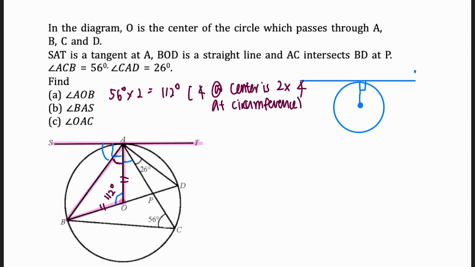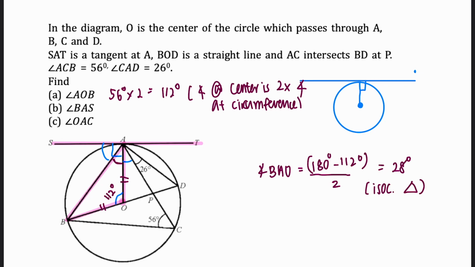We have this angle as 112 from the previous question. We can try to find the angle BAO. So we're going to take 180 degrees minus 112, and we divide by 2 to find one of the angles. You get 28 degrees. So this one is an isosceles triangle.